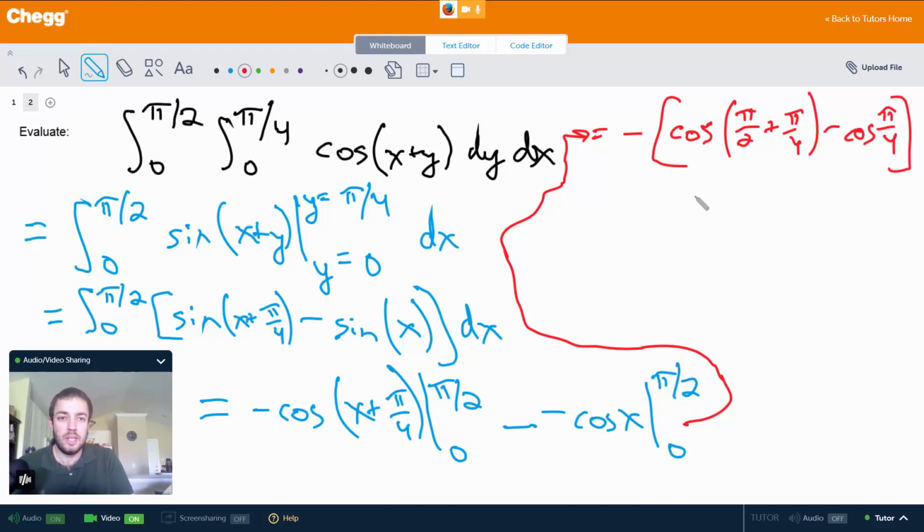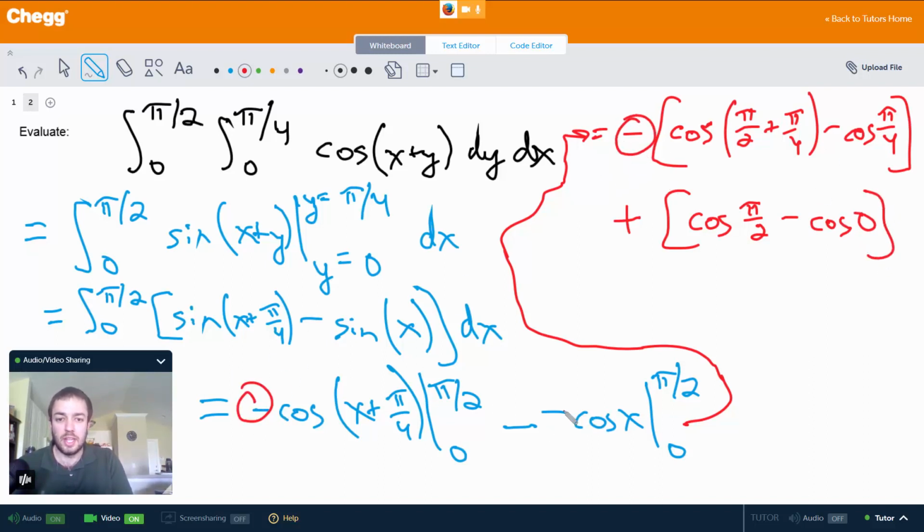Close the square bracket. And then minus minus gives us plus. Then we have cosine of pi over 2 minus cosine of 0. All right, so this minus sign right here, that's this minus sign up here. And then these two minus signs combine to give us this plus sign here. So that's what's going on there.